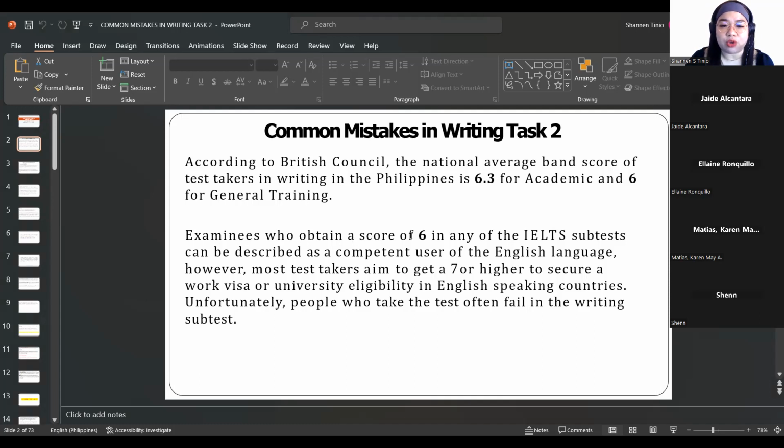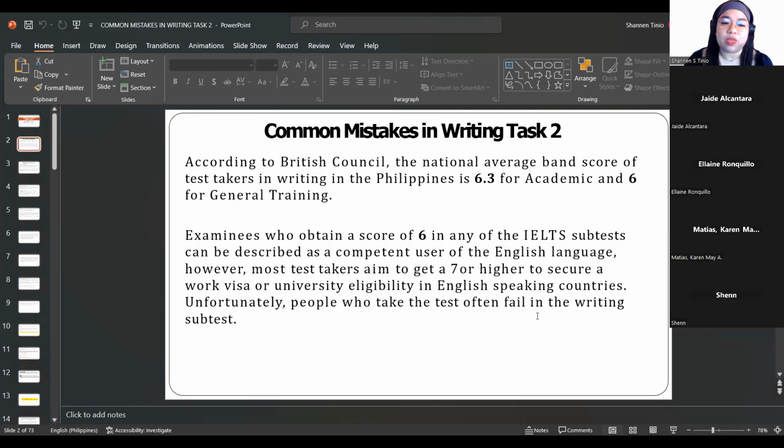Examinees who obtain a score of 6 in any of the IELTS subtests can be described as a competent user of the English language. However, most test takers aim to get a 7 or higher to secure a work visa or university eligibility in English-speaking countries. Unfortunately, people who take the test often fail in the writing subtest.